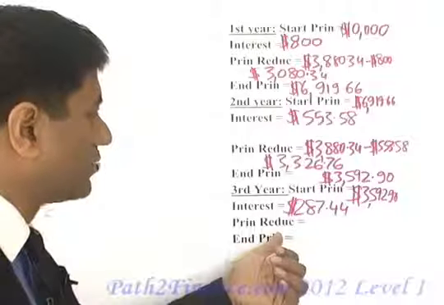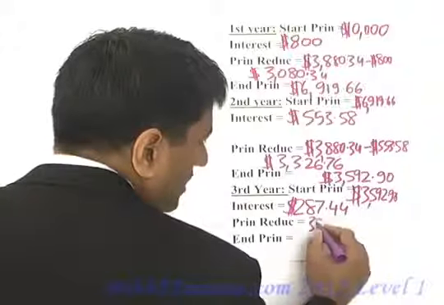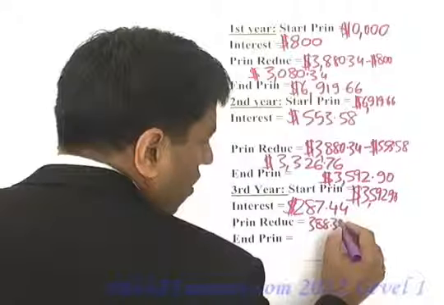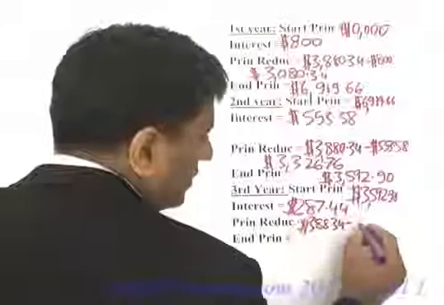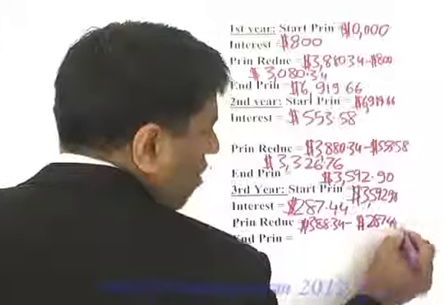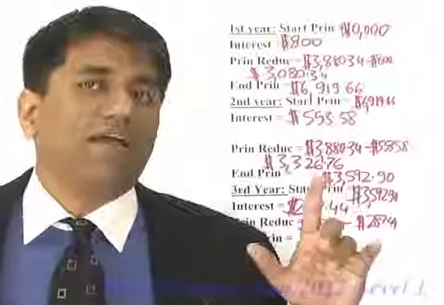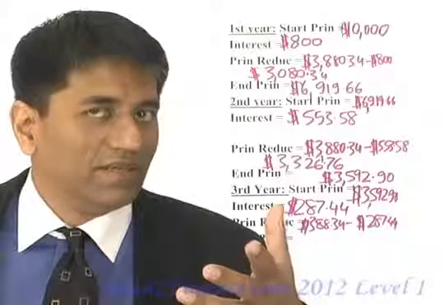Now the principal reduction is going to be again 3,880.34 minus the interest, which is 287.44. Now pause a moment. If these payments actually pay off the loan, then what must we have at the end of the third period? The principal must have reduced to 0.